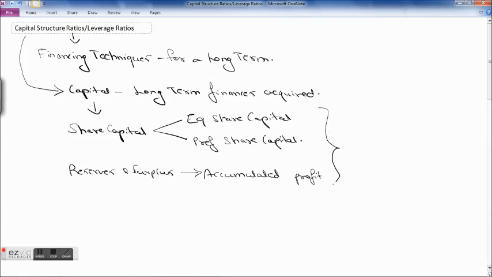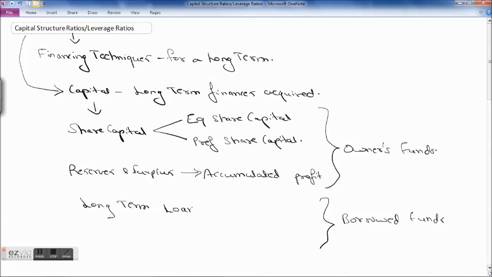All this put together is the owners' fund. Then there are borrowed funds, which include long-term loans.